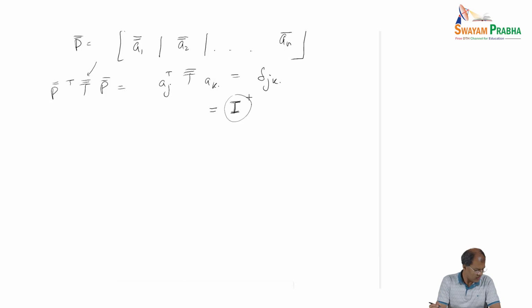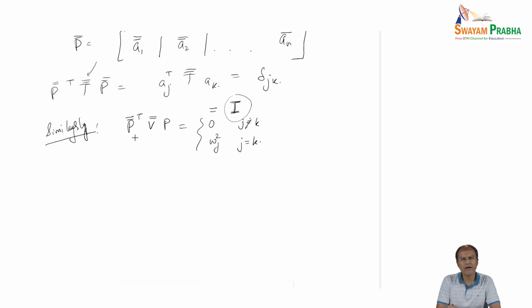Now similarly, let's see what happens to the V matrix. The V matrix is P transpose V P. It is such that we have 0 for j not equal to k, and omega j square for j equal to k.